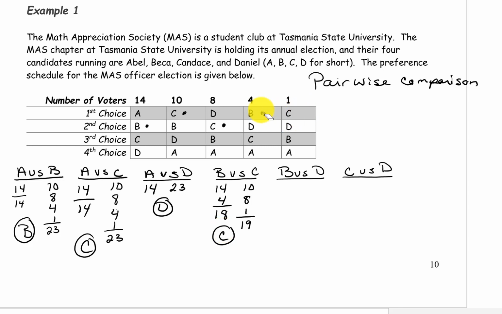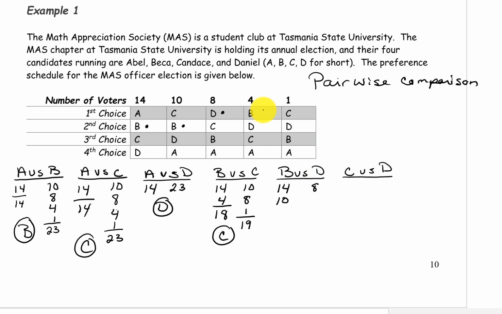Next, we'll move on to candidate B versus candidate D. On the first 14, B is above D, so candidate B will get the first 14 votes. On the next 10, candidate B is above D again, and so B will get those 10 votes. On the next 8, candidate D is above B, so candidate D will get those 8 votes.